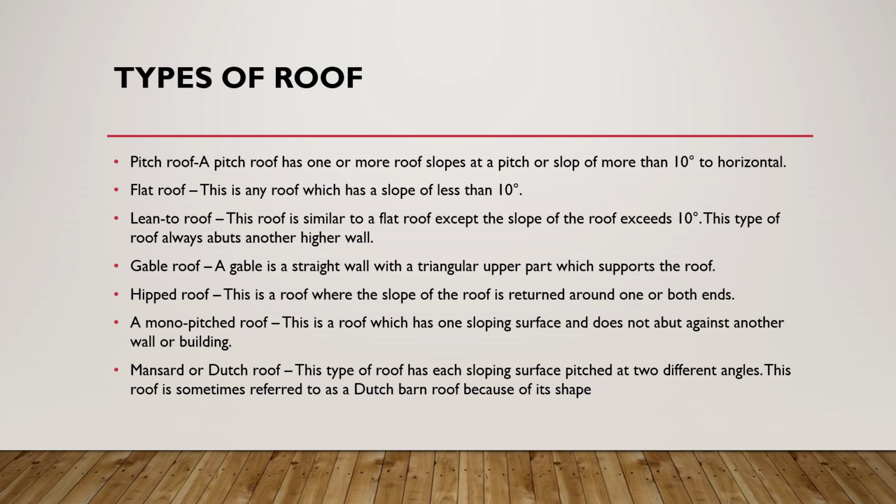Number four, we have the gable roof. A gable roof is a straight wall with a triangular upper part which supports the roof. The upper part of the roof is triangular shaped, that's why it's called the gable roof.